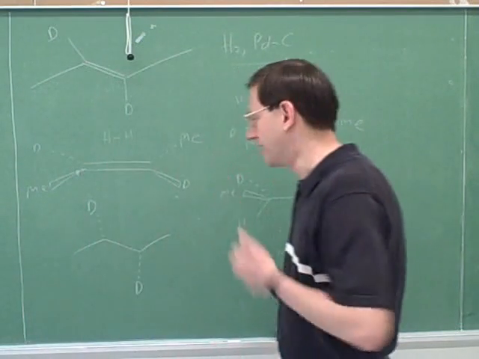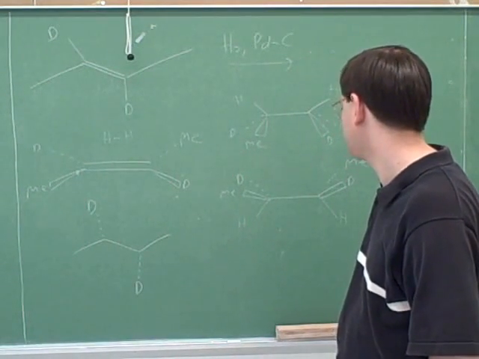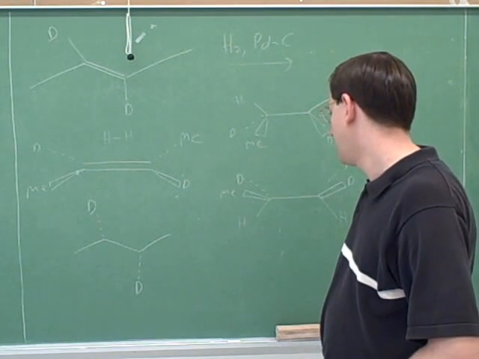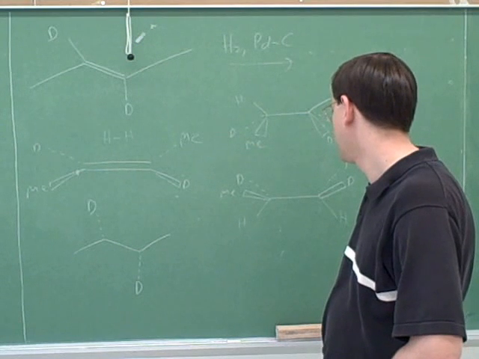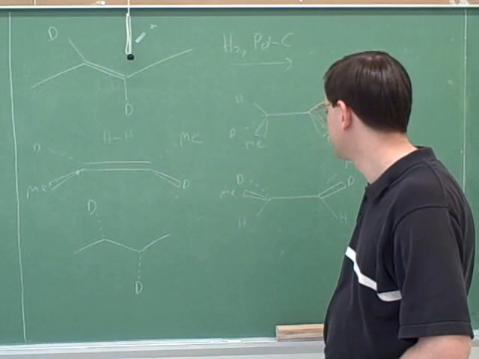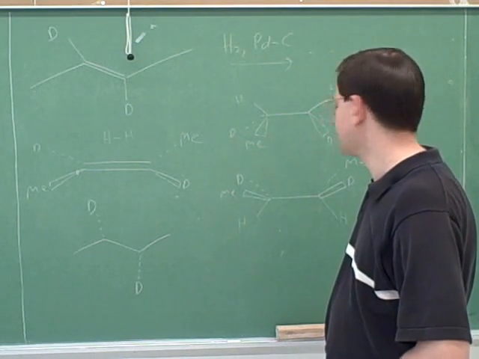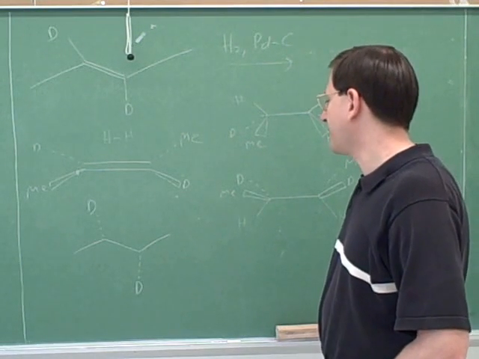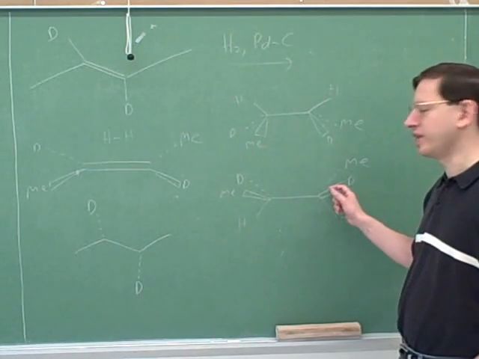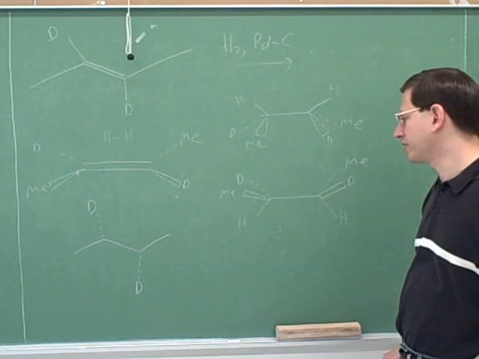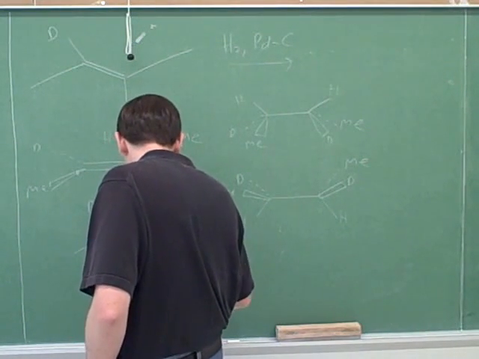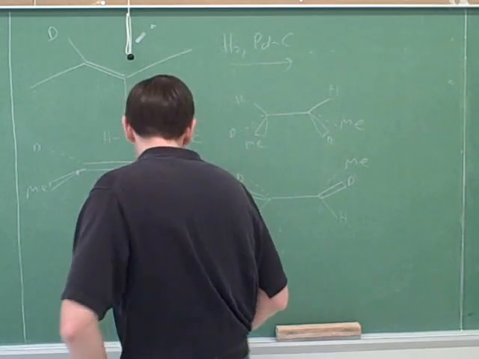So you drew one like this, right? So it seems like that might be the same as... If the deuteriums are on the same side. You mean they're both on dashes? Yeah. That's right, but the reason they're both on dashes is that one is pointing up and one is pointing down. Here, the deuteriums are pointing in and out, but that's because they're both pointing in the same direction. So we have to be able to rotate this. It would help to put in the hidden hydrogen here and the methyl.